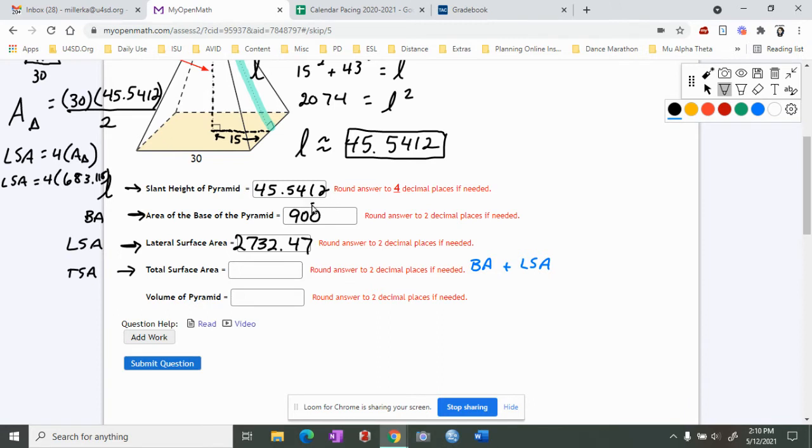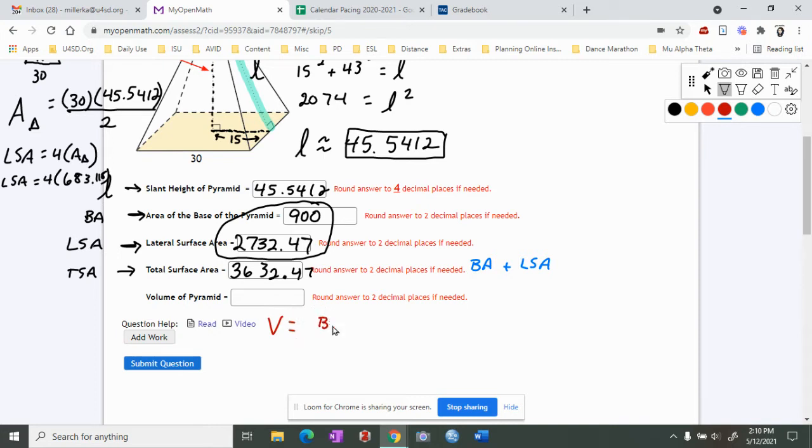Okay, so I'm going to add these. That's 0.47, 2, 3, 16, 3,632.47.